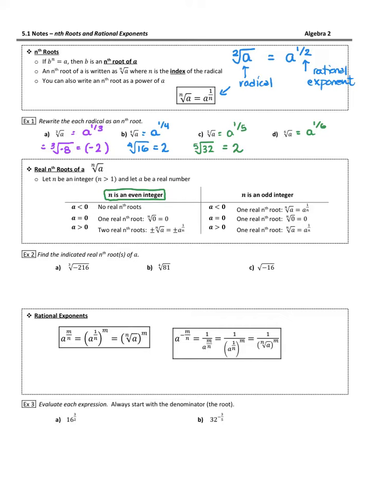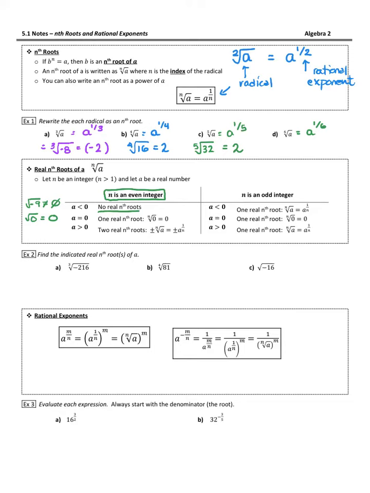So if a is a negative number, for instance, if I was trying to take the square root of -9, in this case, we're going to have no answer because we know that the answer would involve an imaginary number. In this section, we're not going to have imaginary roots. Okay, so you're allowed to just say no solution. If a is 0, well, that's a nice easy one. The square root of 0 is always 0.